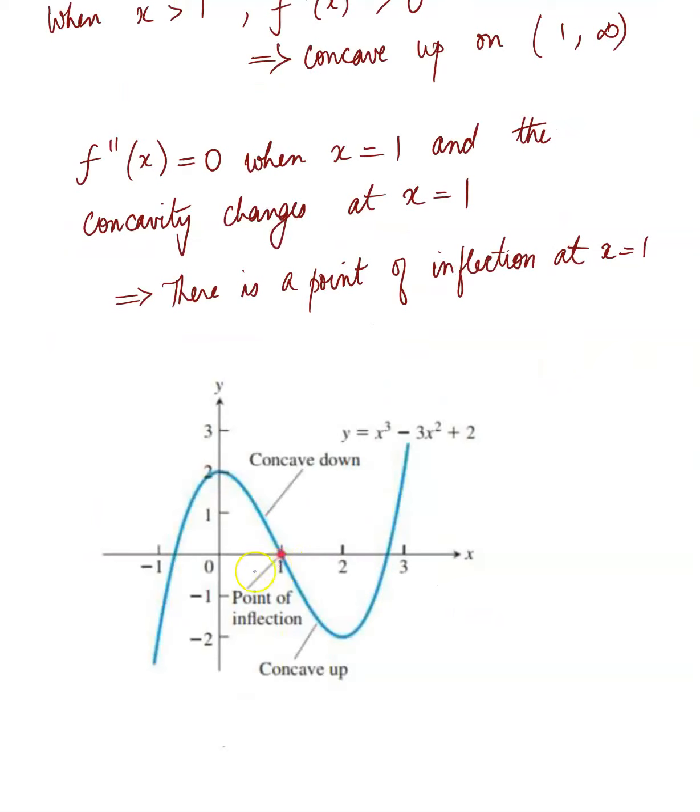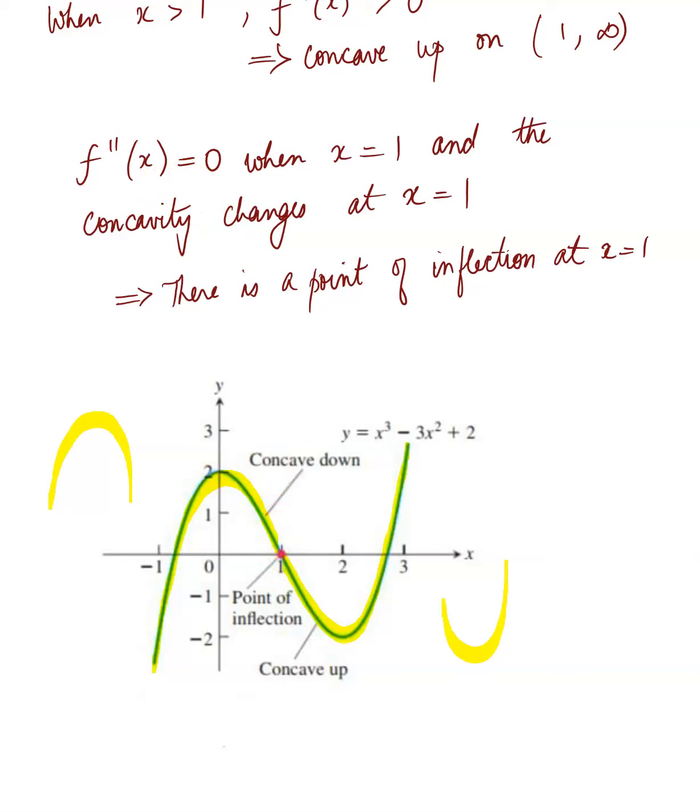What we see is this portion here. You see that frown look? That means it's concave down. And this portion here is an upward U look, so that's concave up. And at the point where it changes concavity, as well as where f double prime was 0, we have a point of inflection.